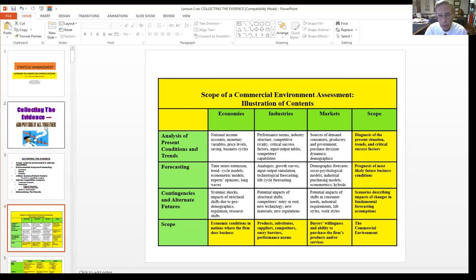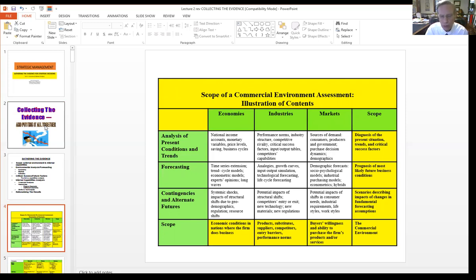the external environment. Unfortunately, it leaves off the labels for the horizontal and vertical columns, and I need to acquaint you with those now. The horizontal columns, economies, industries, and markets, are the substance of the external environment, and so we call that the substantive dimension.